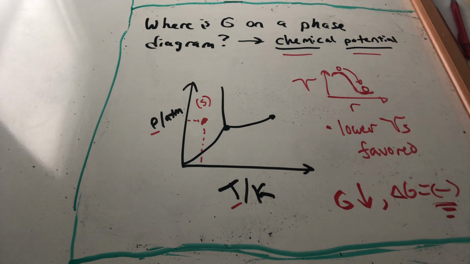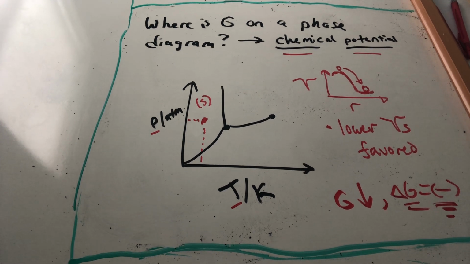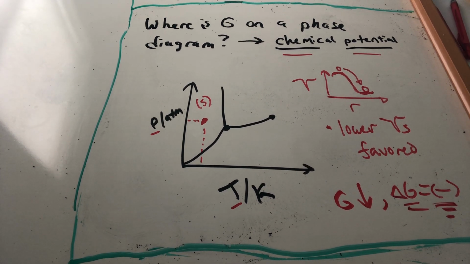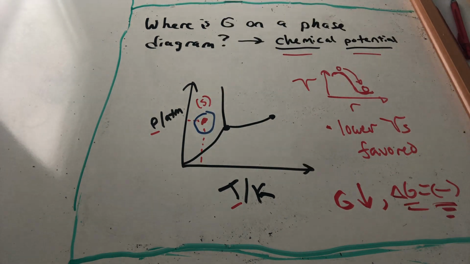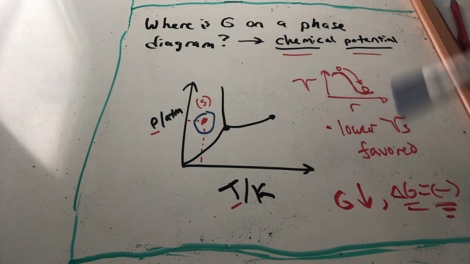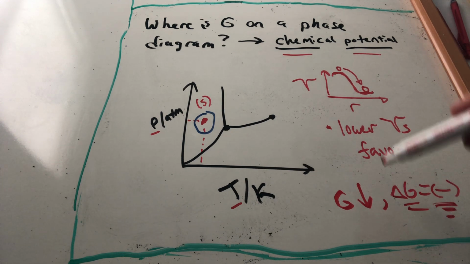G follows what a potential does. So we're going to recast G in terms of what's known as a chemical potential, because of this same idea. Lower is better, both for potentials and for G. So essentially, we'll eventually come back to this, but the reason that this is a solid over here, based off of this argument, is because the lowest G possible is the G for the solid state.